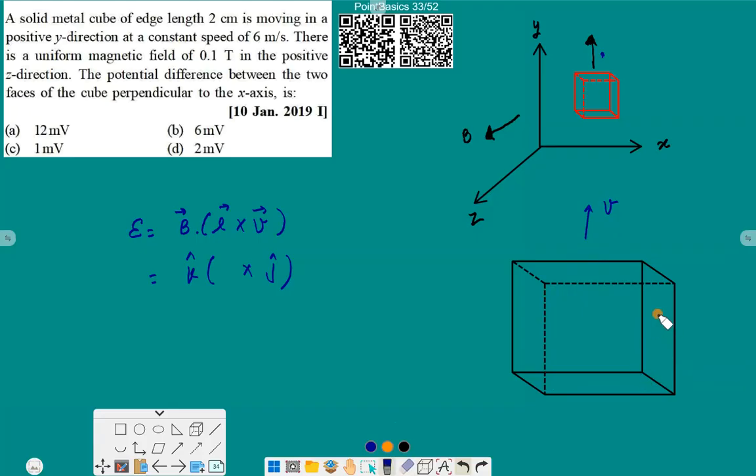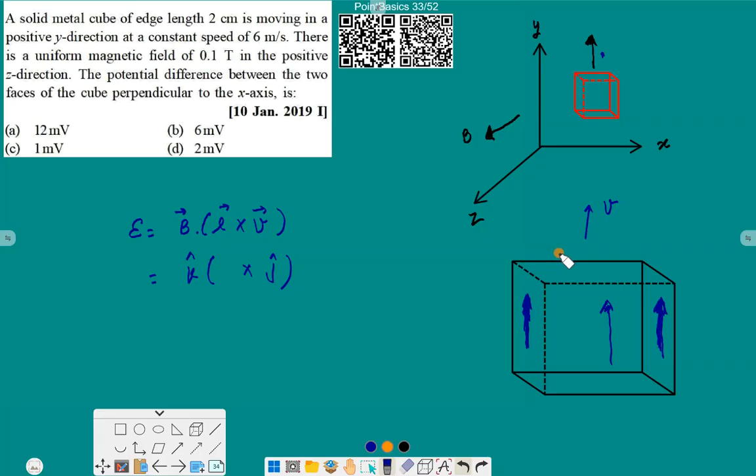So now the length of this face is parallel to the velocity. So in this face there will be no induced EMF. Similarly for this face, again length is parallel to the velocity. For this face also length is parallel to the velocity, and for the upward face also length is parallel to the velocity.